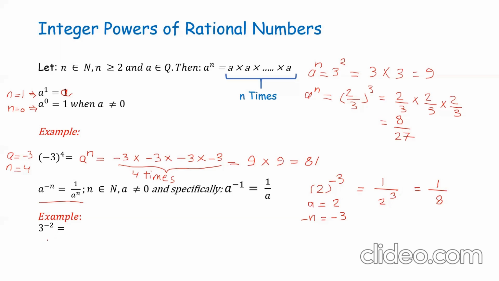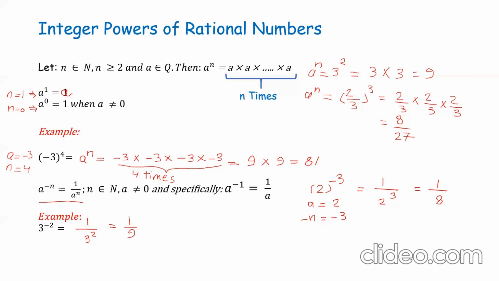This is almost the same idea. 3 to the power of minus 2 will be equal to 1 over 3 to the power of 2. So we move 3 down and we change the sign of the power, and this will give me 1 over 9.